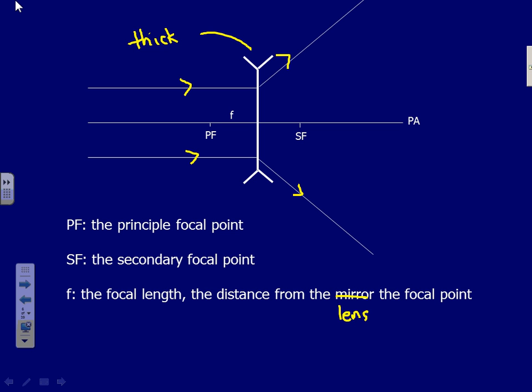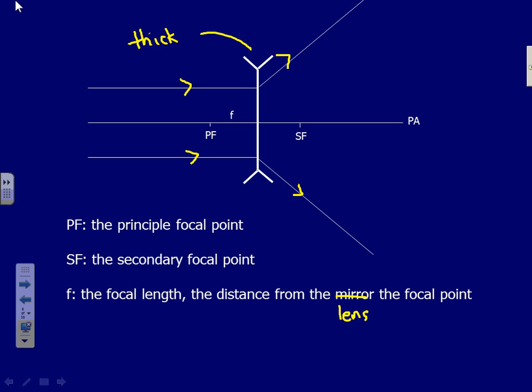It's a lens. And whereabouts behind the lens? Where does it look like they're originating from? Pat, what do you think? The PF. And that's one of the things we're hoping to find. Just like the diverging mirror, we have to extend rays in behind to find things.